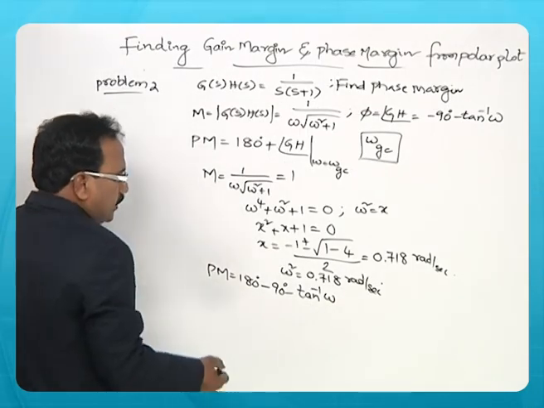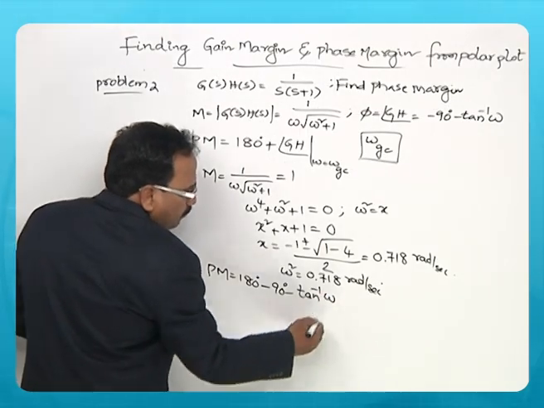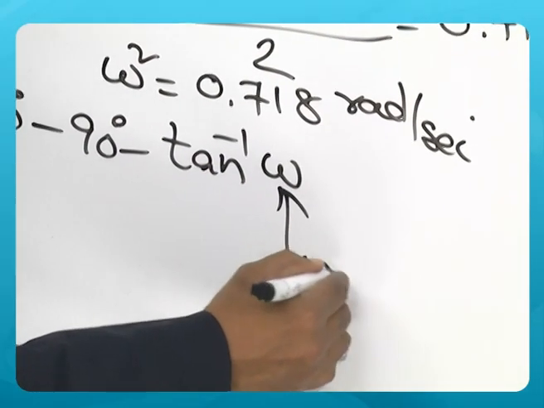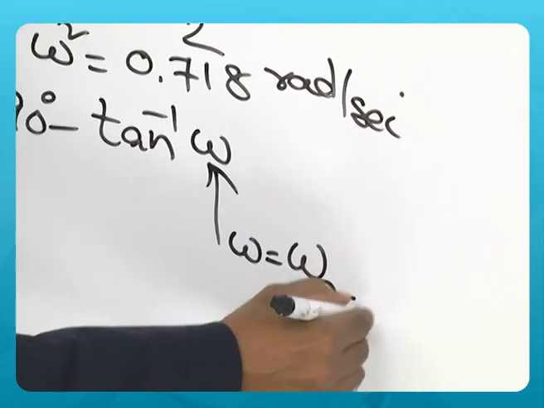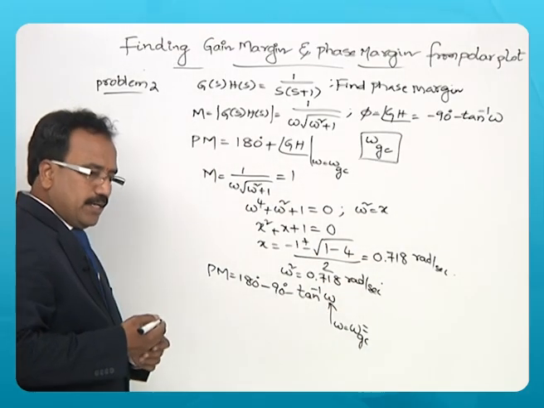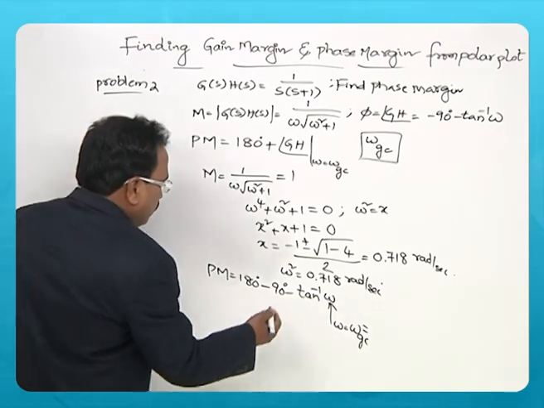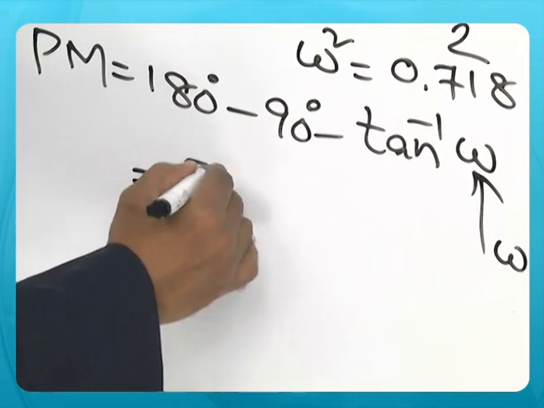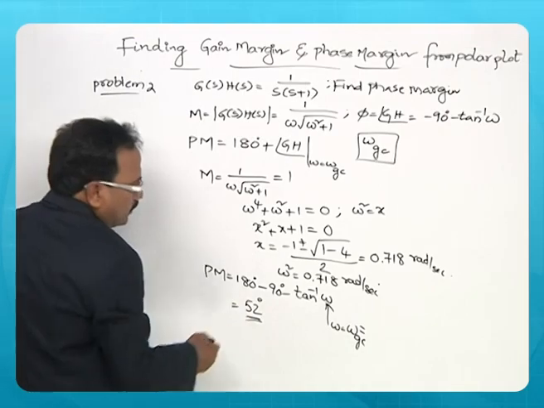So, you can see that in this term only one term consists of omega. This omega is nothing but omega GC, that is root of 0.618 radians per second. So, if you substitute that value here, the phase margin you get is 52 degrees.